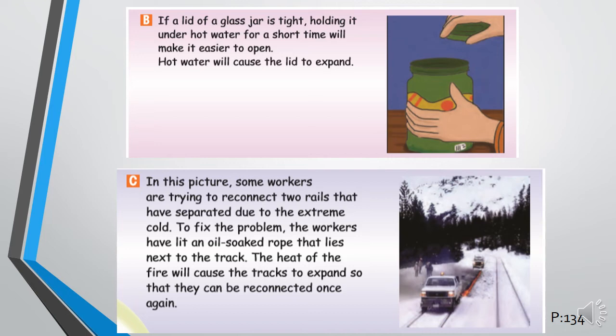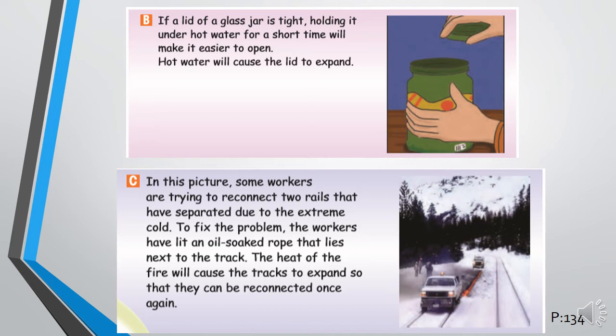Another example, in the picture, some workers are trying to reconnect the rails that have separated due to extreme cold. To fix the problem, the workers have lit an oil-soaked rope that lies next to the track, as you see inside the picture.